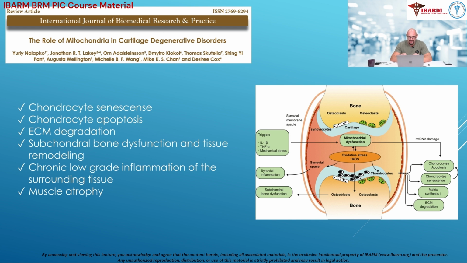If we look even deeper, we have a mitochondrial dysfunction in the cells of the cartilage, increased ROS, reactive oxygen species, inability of that microenvironment to combat and offset oxidative stress. And that, of course, is caused by the pro-inflammatory interleukins, tumor necrosis factor, mechanical stress, chronic inflammation.